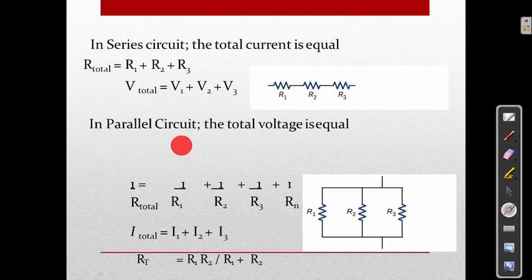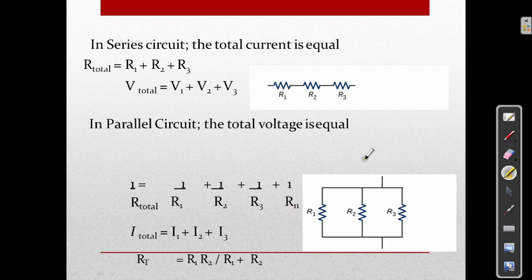In a parallel circuit, the voltage is equal. If you want to know the total resistance, the formula is 1 by R total equal to 1 by R1 plus 1 by R2 plus 1 by R3 plus 1 by Rn.